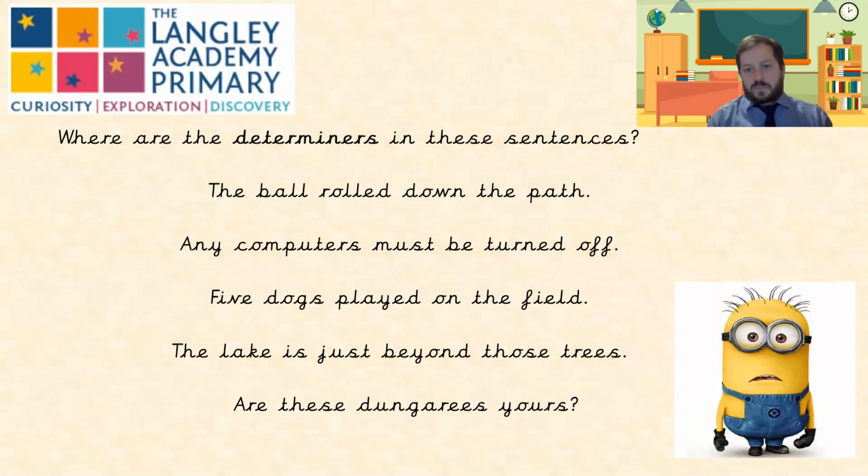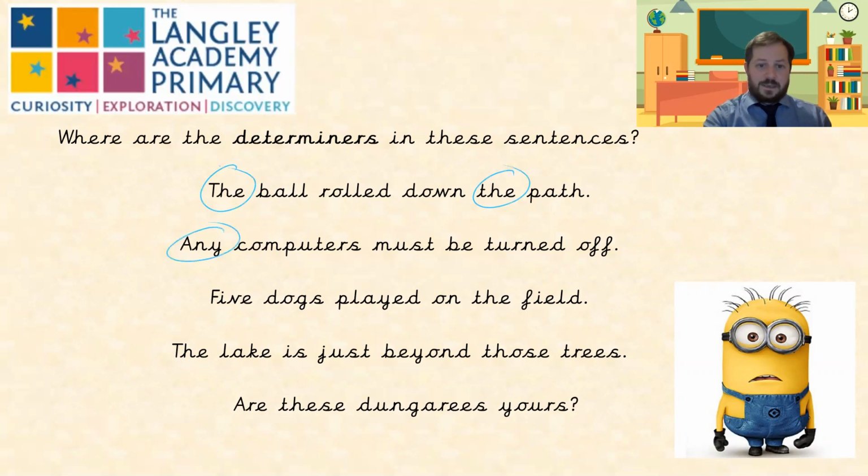Here are a couple of sentences. What I want you to do is look through and see if you can find the determiners in these sentences. Pause now and have a go. Okay, so the first one, we have two the's: the ball rolled down the path. Nice and straightforward, definite articles.